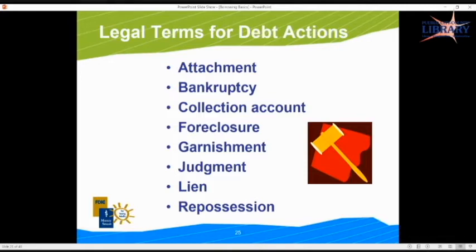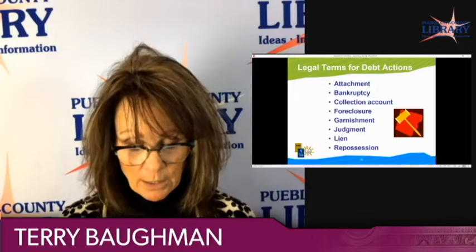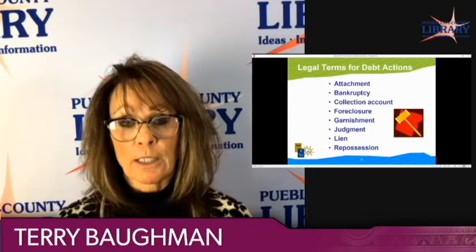A judgment is a court order requiring the debtor to pay money back to the lender, and they could place security liens on your property. Again, it's going to be a very negative piece to your credit. A lien is a lender's claim against your property to secure repayment. And then, of course, repossession is where they do seizure on your collateral and come and take that back.